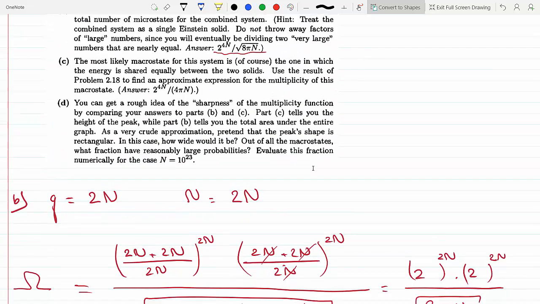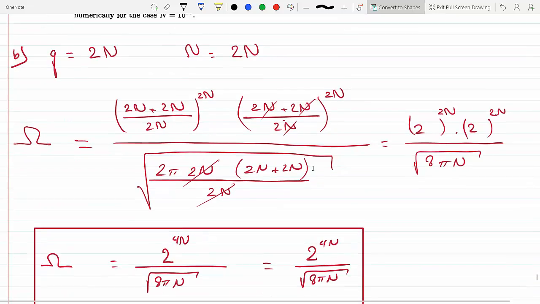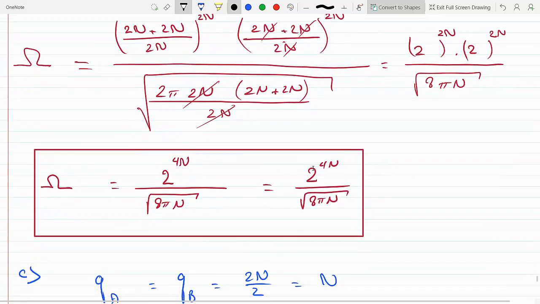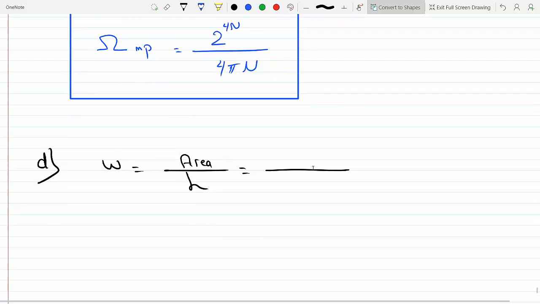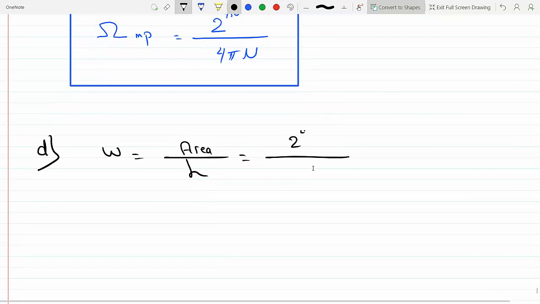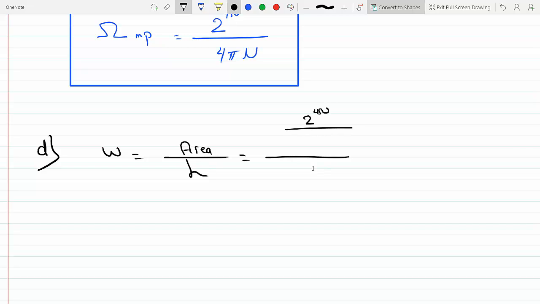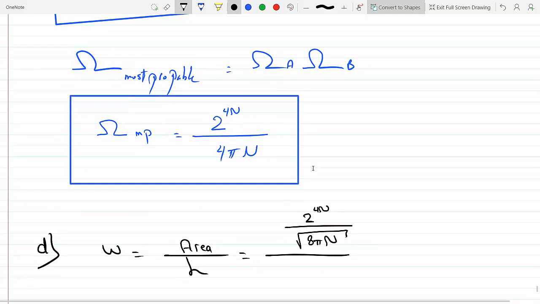2 to the 4n over square root 8 pi n, and we're going to divide it by the height, which is the most likely microstate.